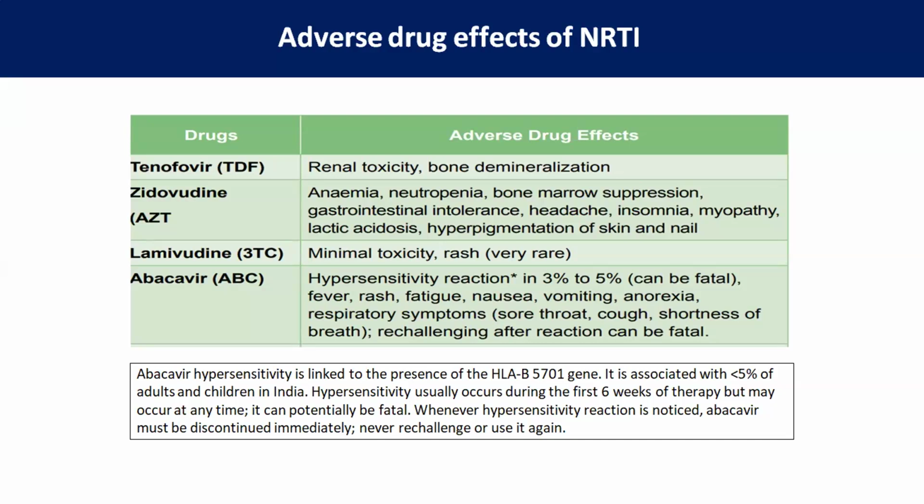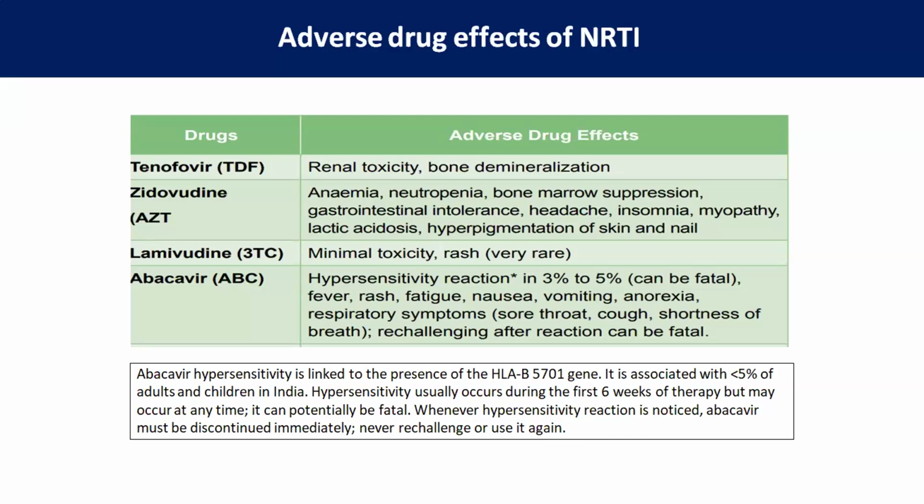And another one is abacavir. Abacavir is a very nice drug and it is a renal friendly drug, but in 3 to 5% of cases it produces a hypersensitivity reaction. It may be in the form of fever or GI tract symptoms or respiratory tract symptoms. So you should be very careful to identify abacavir toxicity as early as possible.